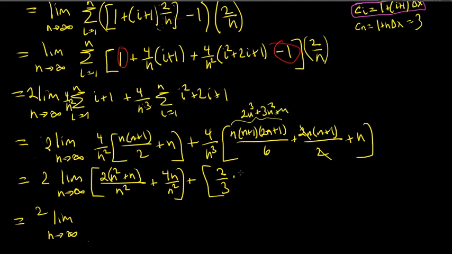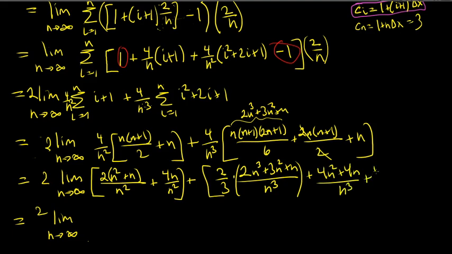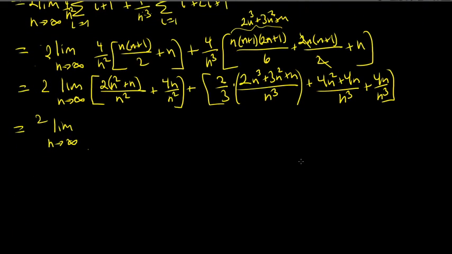We'll divide that by n cubed in just a second. n cubed, yep. And then what do we get here? So 4n squared plus 4n over n cubed plus 4n over n cubed. Okay. It's a mess, but I think we can handle this now.